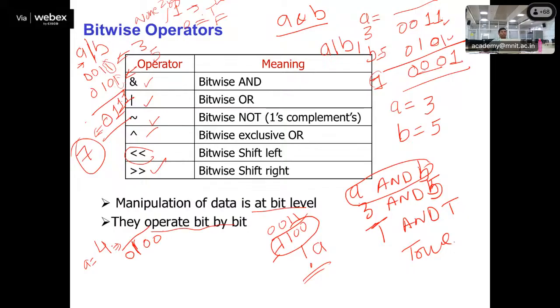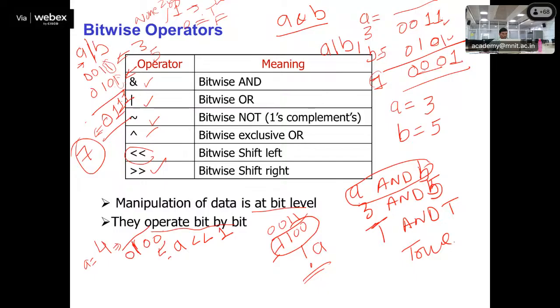So 4 can be represented as 0 1 0 0. If you want to apply a bitwise shift, we write a shift left by 1 bit, so this needs to shift 1 bit to the left.